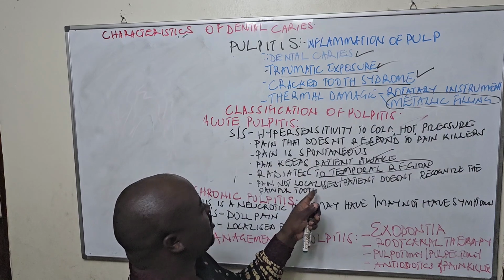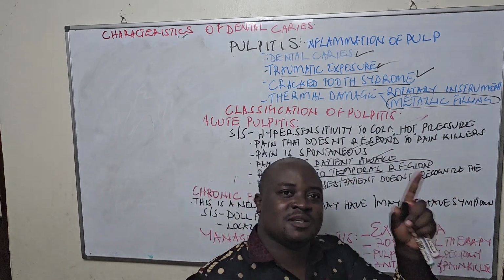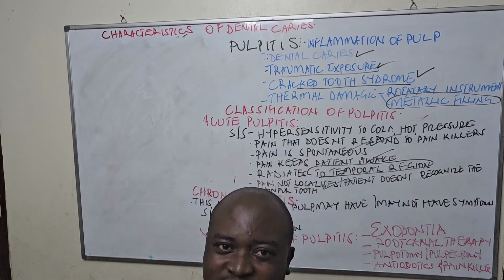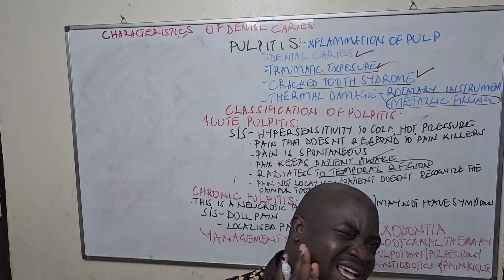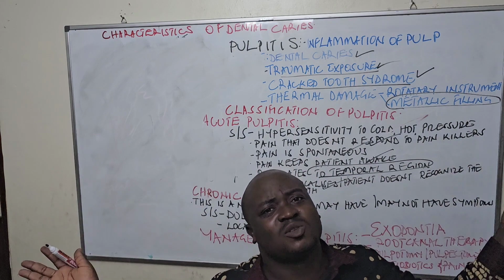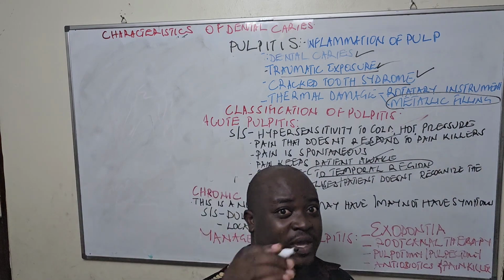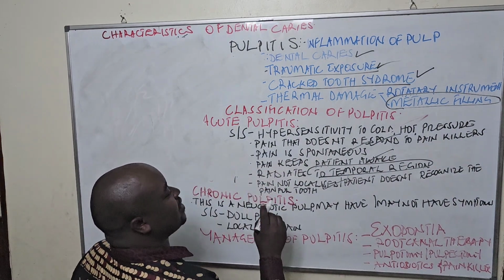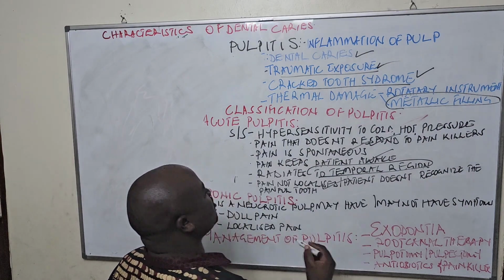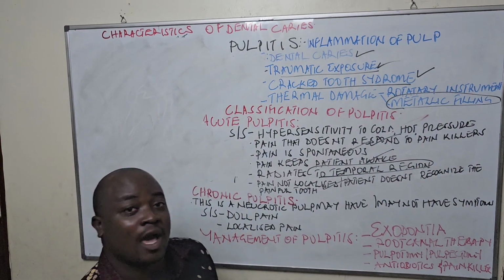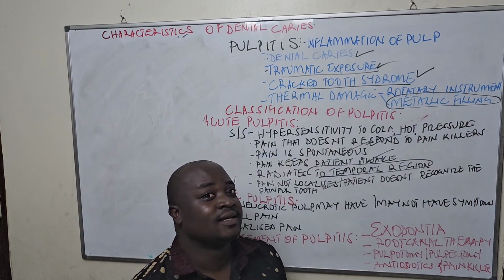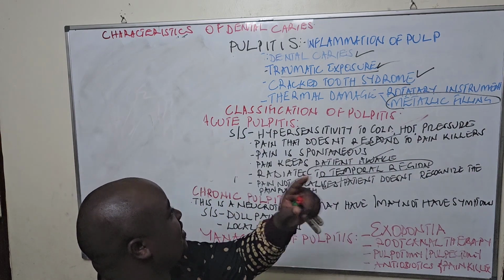What do we mean by localized? Localized means someone does not know the exact tooth. He feels there is a tooth paining, but does not know which tooth is paining. The patient does not recognize the tooth which is paining. I hope you shall be able to know that the pain is intense.